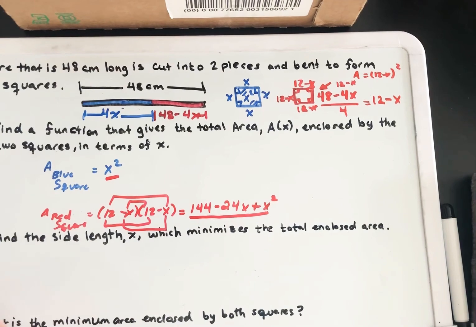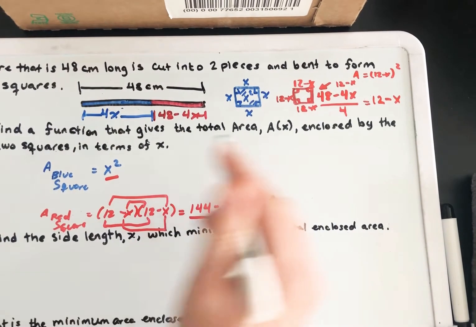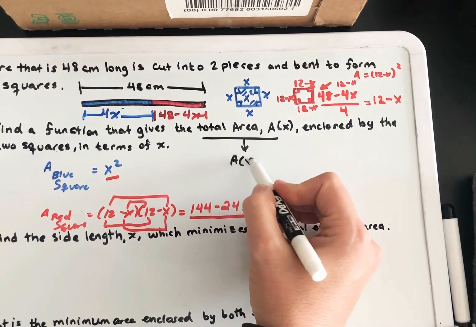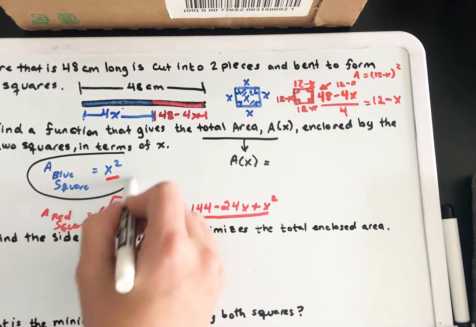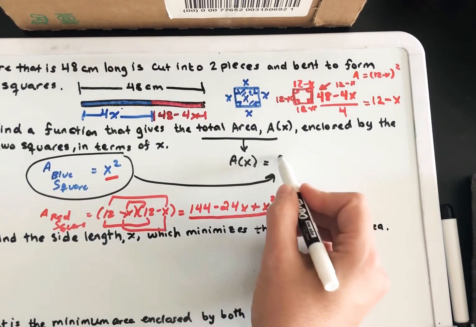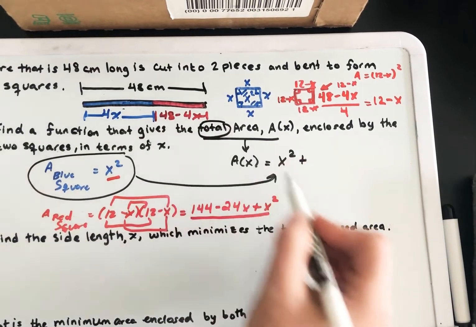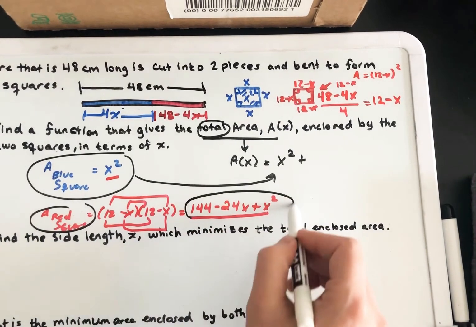So when I want to combine the two areas, how much have I covered between the two squares? Well, my total area then, area depending on x, is going to be the area of the blue square, so that would be my x squared, plus, total means add them together, right? The area of my red square, which is this guy here.